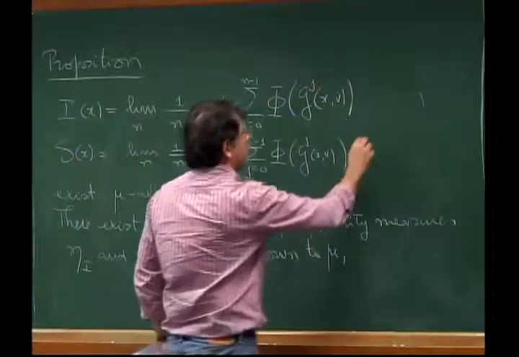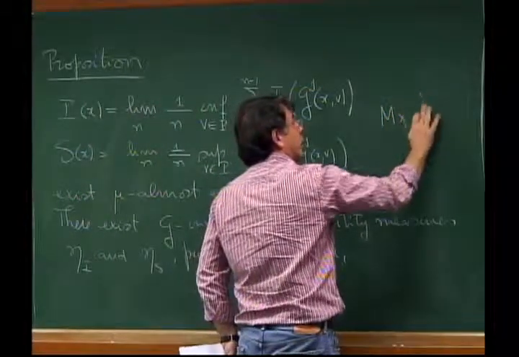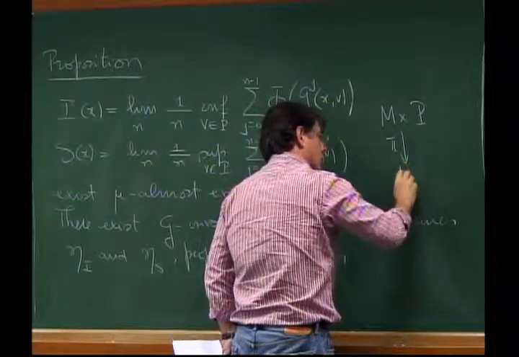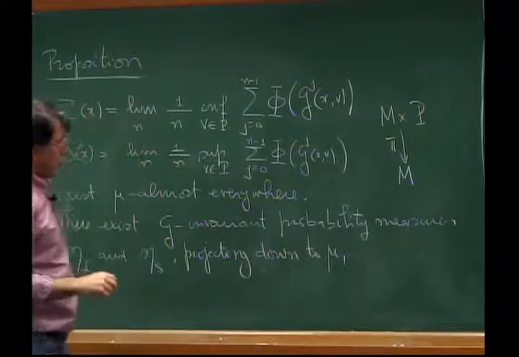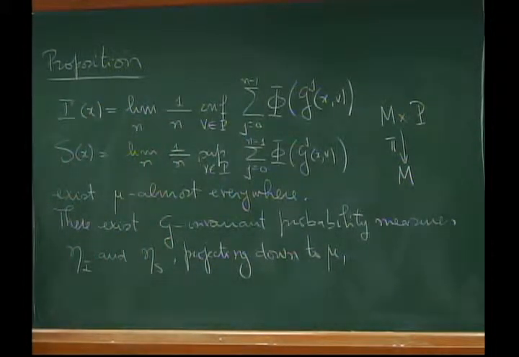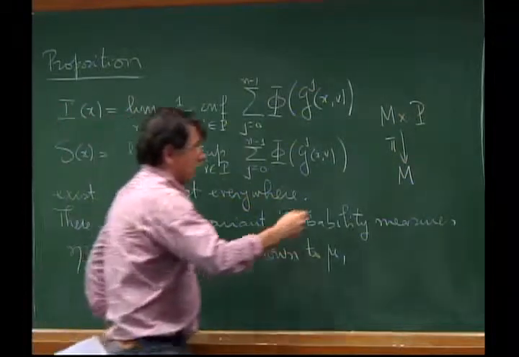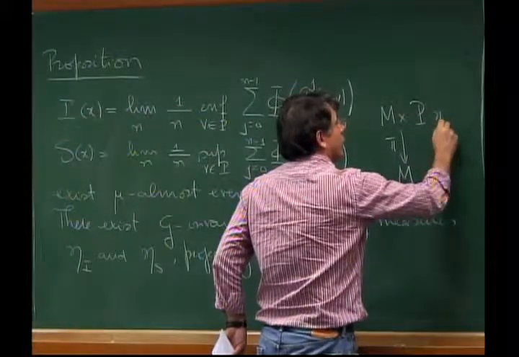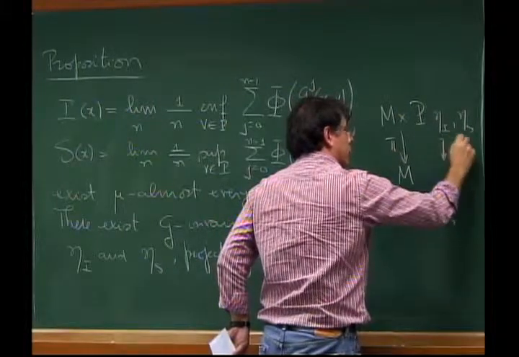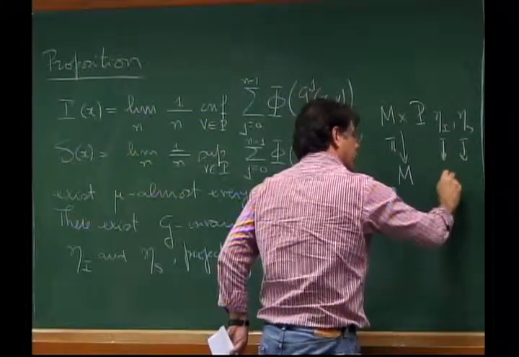So we have M cross P, and we have this canonical projection to the first coordinate, and this means that if you take either of these two measures, eta I or eta S, and you project them, what you get downstairs is mu.